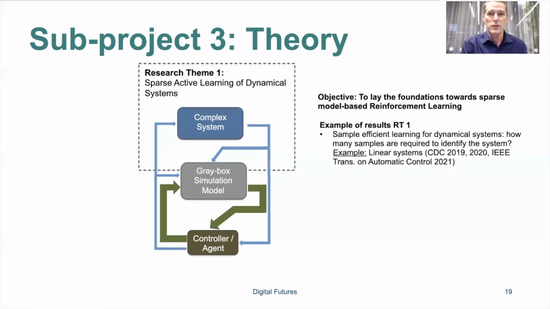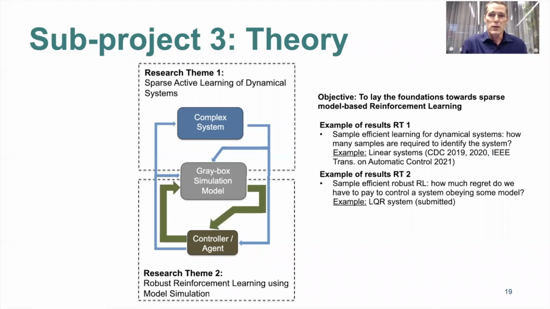The first fundamental question we wish to answer within the theory project is to characterize the number of samples or observations from the complex system we need to calibrate the model or the simulator with a prescribed level of accuracy. And we managed to do that for linear systems and other kinds of toy examples. The second question is concerned with reinforcement learning per se.